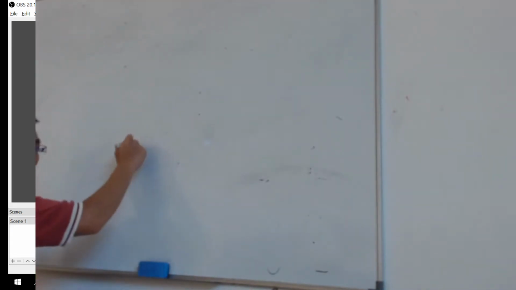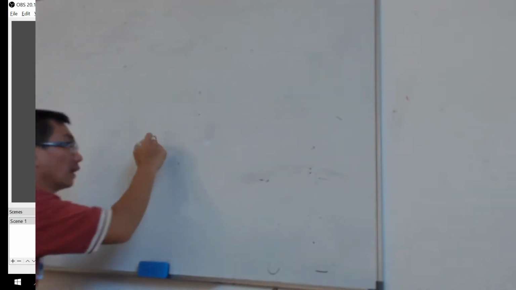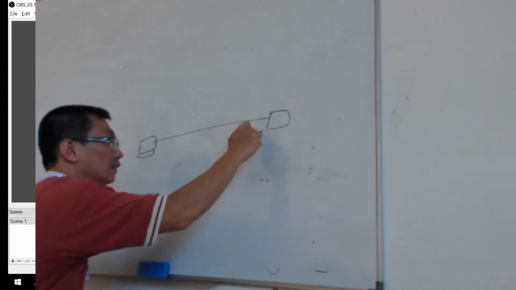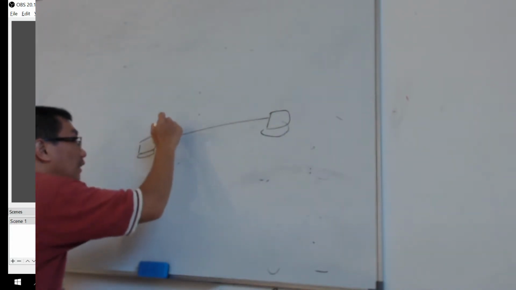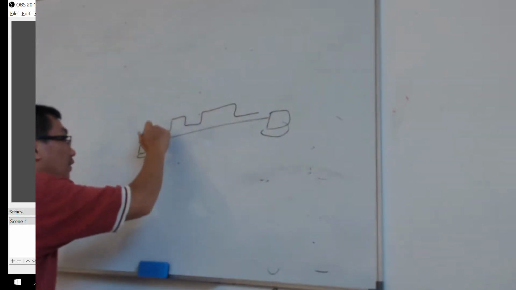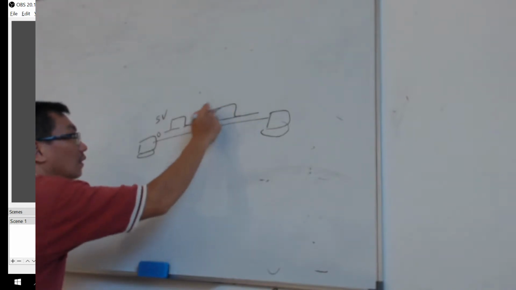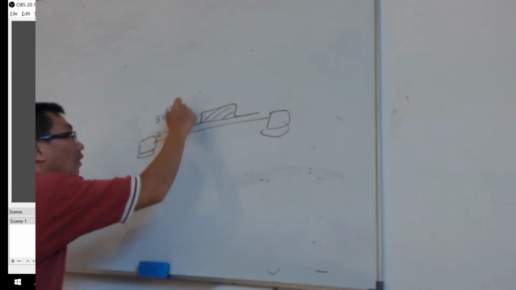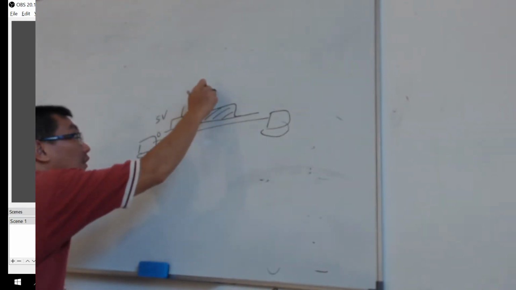If you have a circuit here, and you send a signal like this, let's say this is 0, this is 5 volt. All these are positive energy, correct?